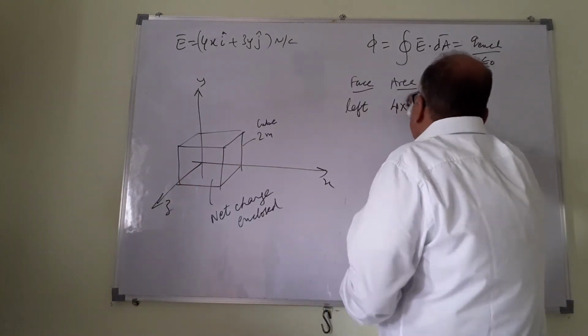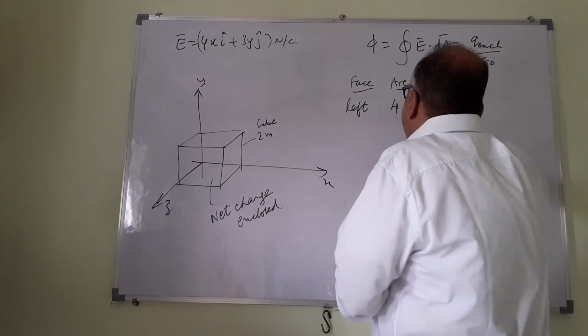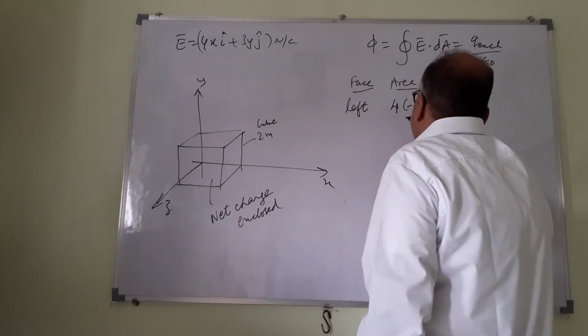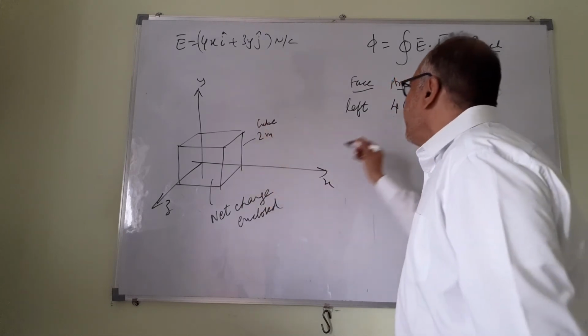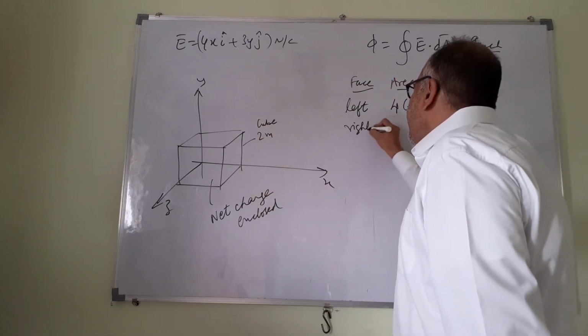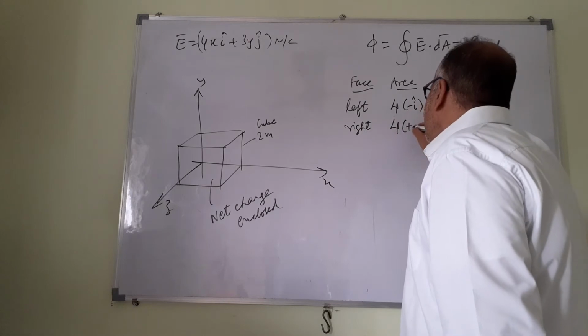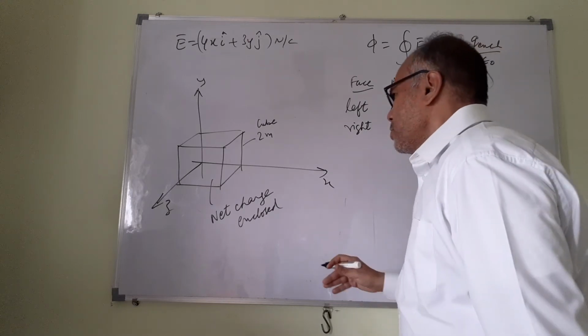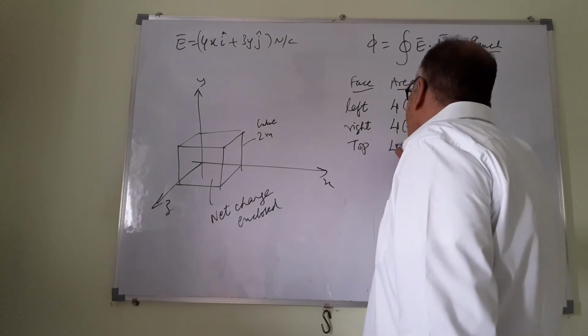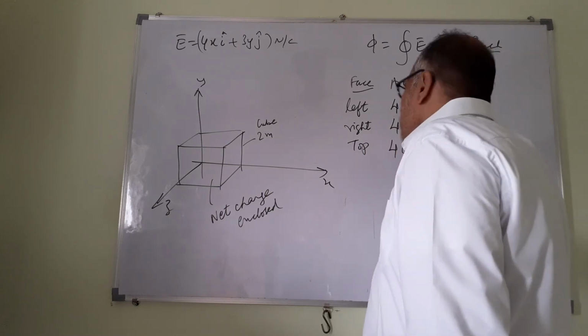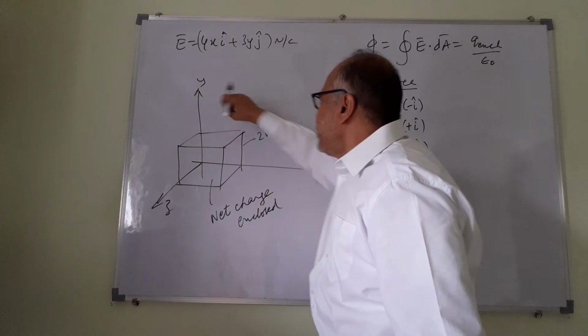The right hand side face will be 4 into plus i. The top face would be 4 into plus j, because the area vector points in the y direction.